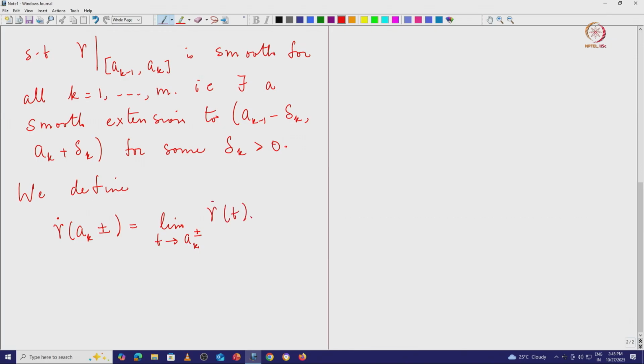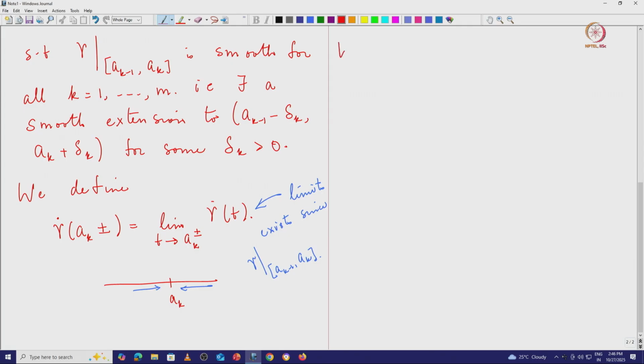Okay. So gamma dot ak plus, so the idea is here you have ak, so you take the velocity vector as you approach ak from the left, that is called gamma dot of ak minus, if you approach from the right, that is called gamma dot of ak plus. And the fact that these limits exist and in fact are unique is because gamma is a smooth function on this compact interval, right. So these limits exist.